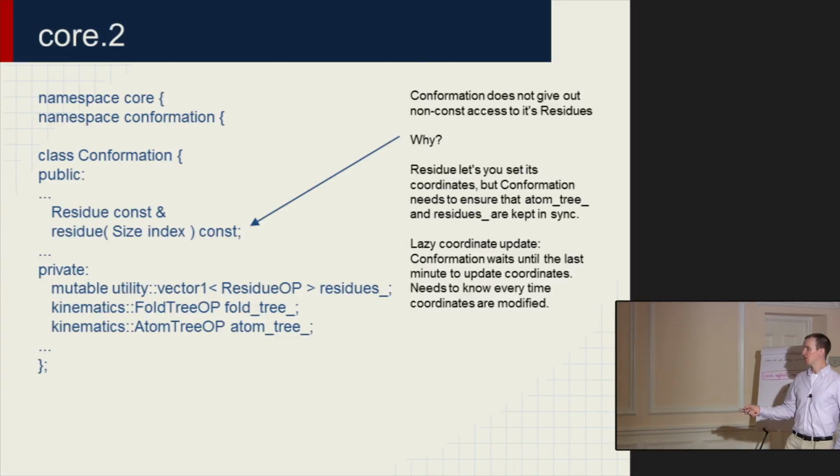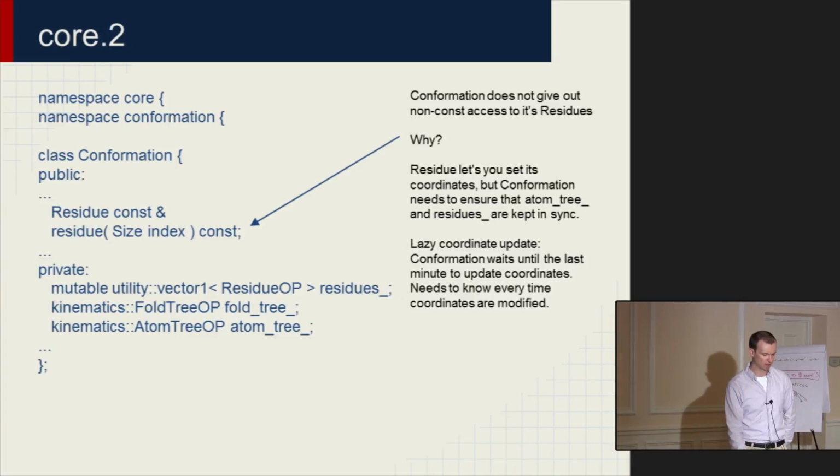But the conformation says, okay, I told you I'm not going to change, but I'm going to change this in particular. So it's going to update the data that's inside this residues array. It's going to update their coordinates based on the queued set of internal degree of freedom changes that you've made from your fragment insertion.